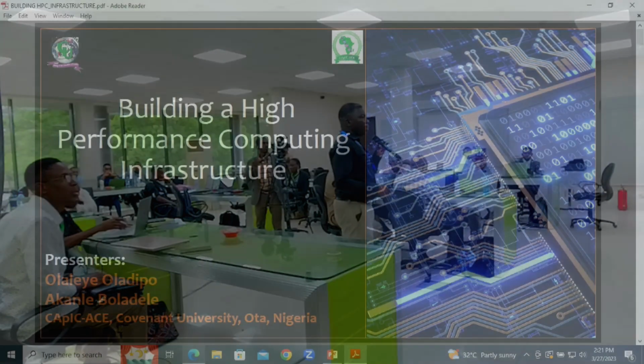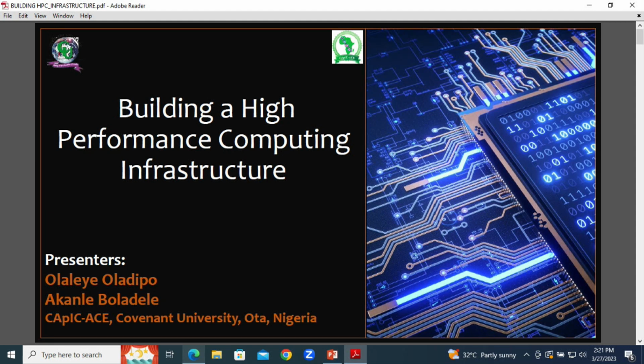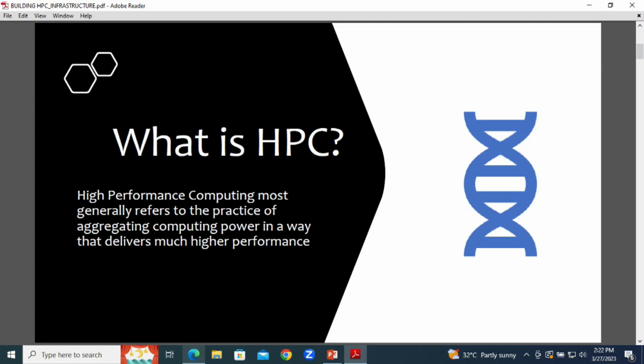Please, can I see my slide? Yeah. In the last workshop, it was all about building high performance computing. That is what we centered on, and we discussed quite a number of things around this area. So that's why I titled it Building a High Performance Computing Infrastructure. We've given the definition of high performance computing, but let me reiterate it. We said high performance computing most generally refers to the practice of aggregating computing power in a way that delivers much higher performance.